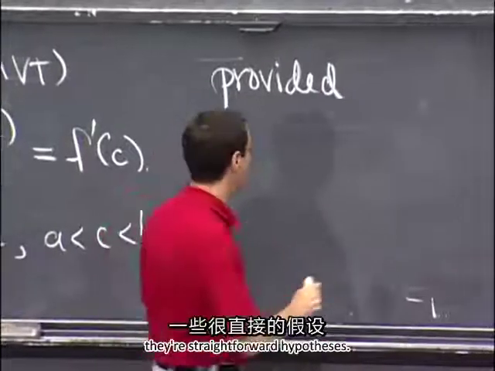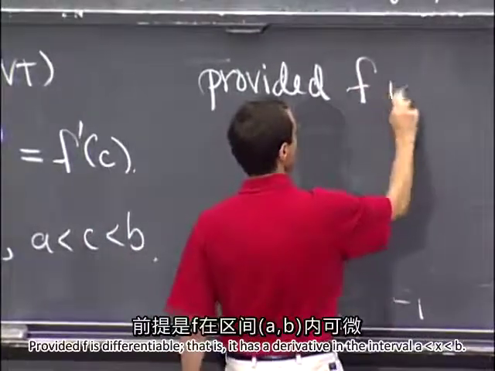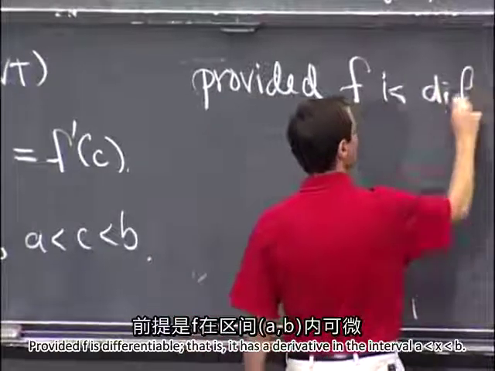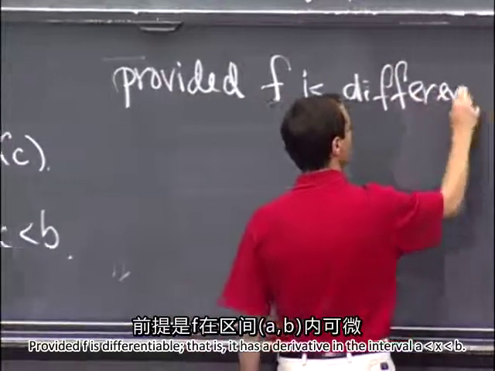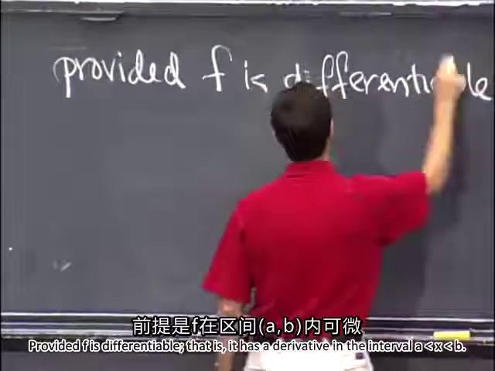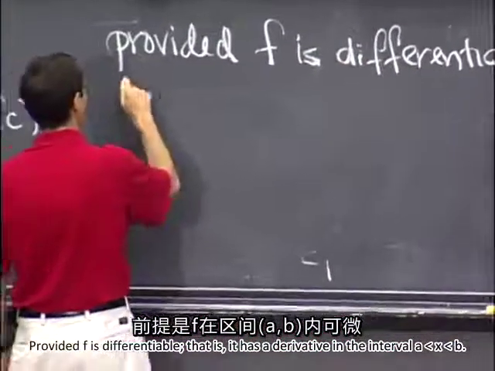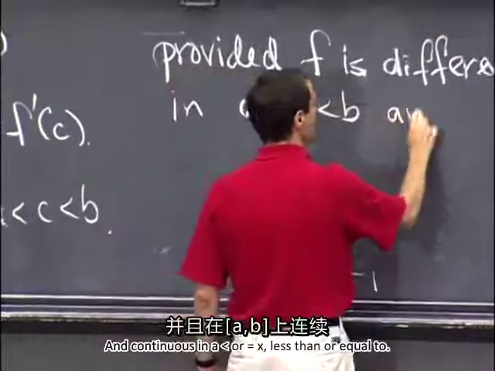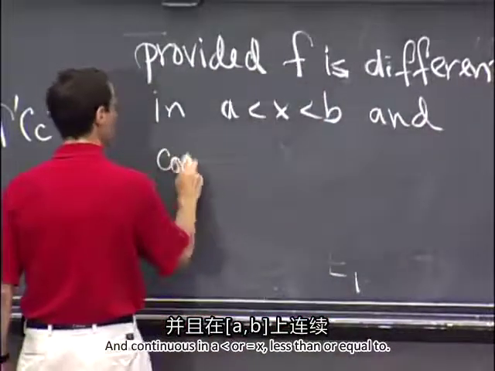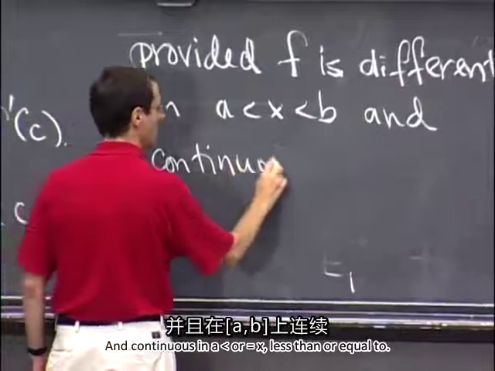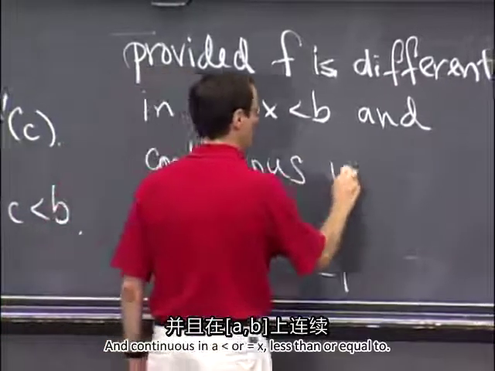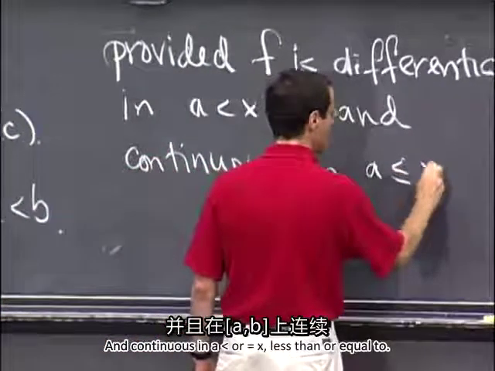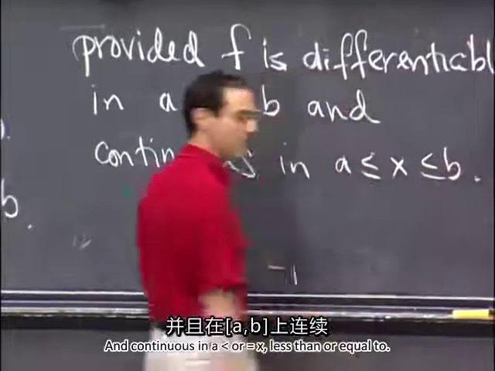I've told you the conclusion first, but there are some hypotheses. They're straightforward hypotheses. Provided f is differentiable, that is, it has a derivative, in the interval a less than x less than b, and continuous in a less than or equal to x less than or equal to b.